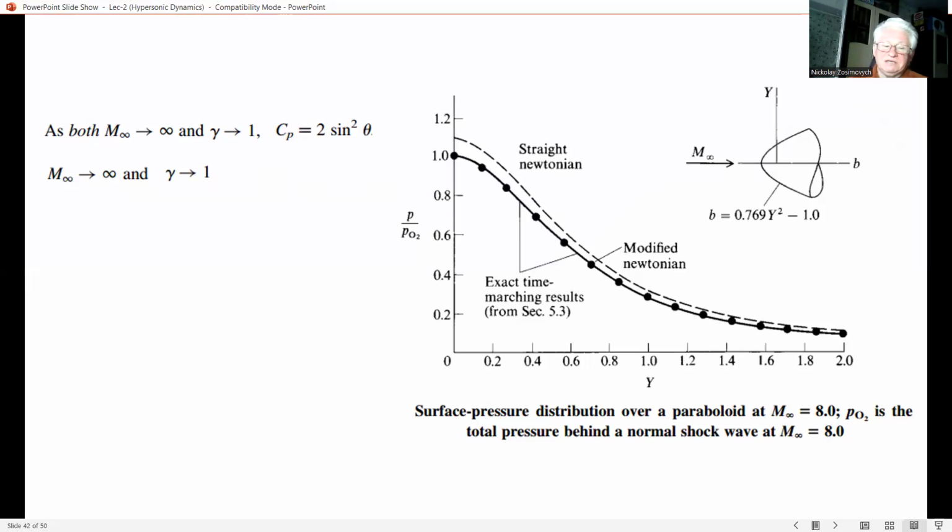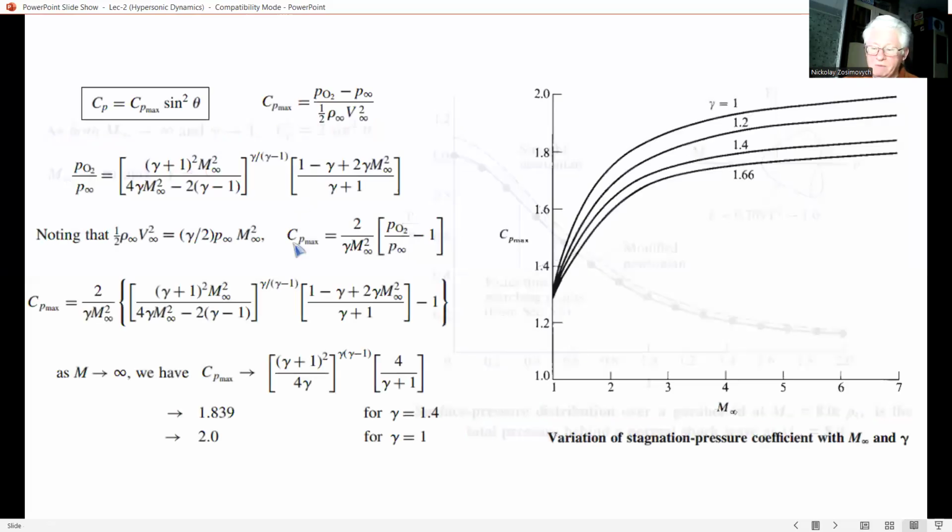And this yields the exact pressure coefficient at the stagnation point. Therefore, it is rational to simply replace the coefficient 2 of our expression here with the value for CP maximum, as shown in this expression for CP maximum.